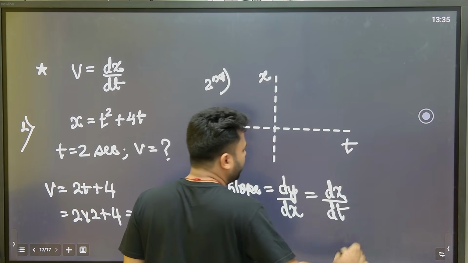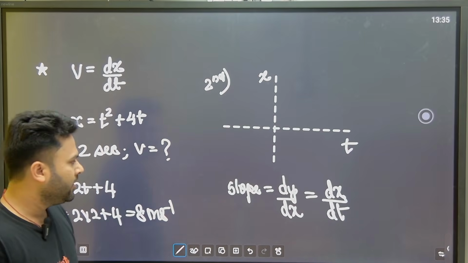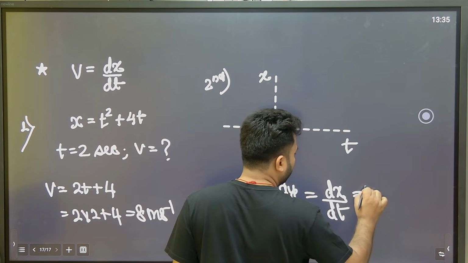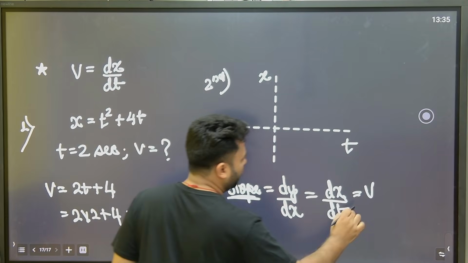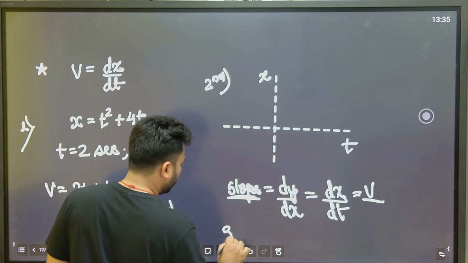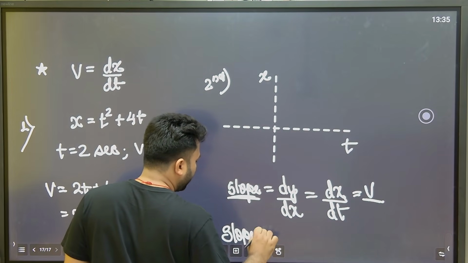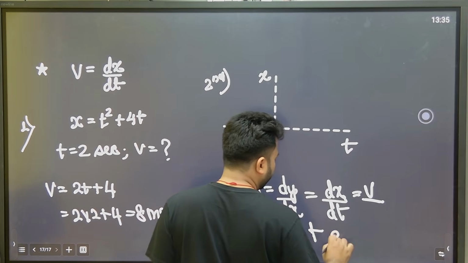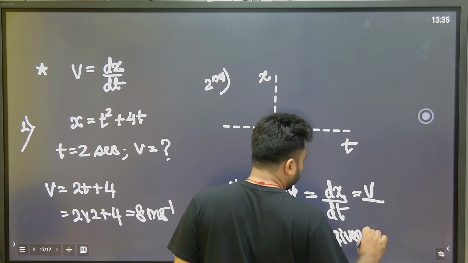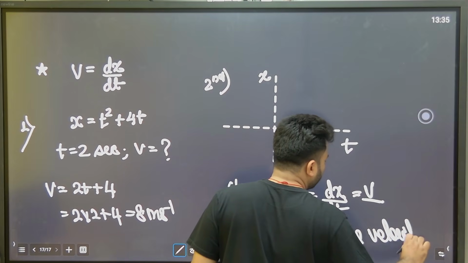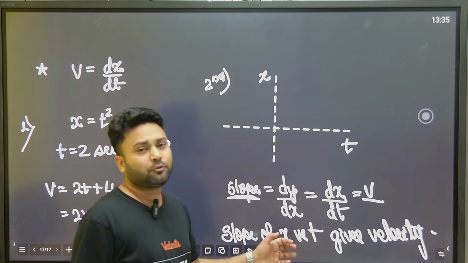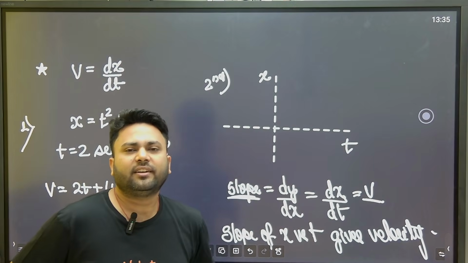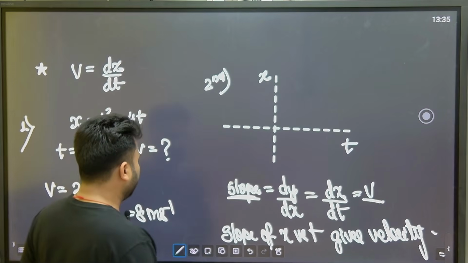So dx by dt. And what is dx by dt? Velocity. Means slope is equal to velocity. Slope of the x versus t graph gives velocity, where x is displacement and t is time. So this you need to remember.